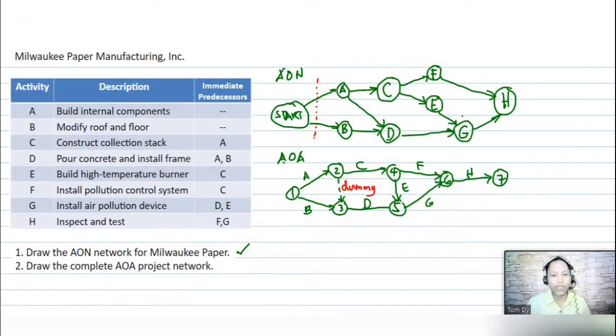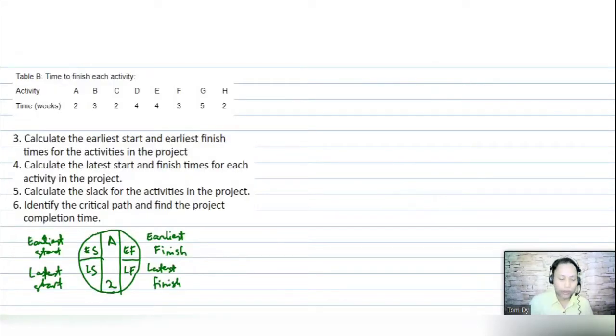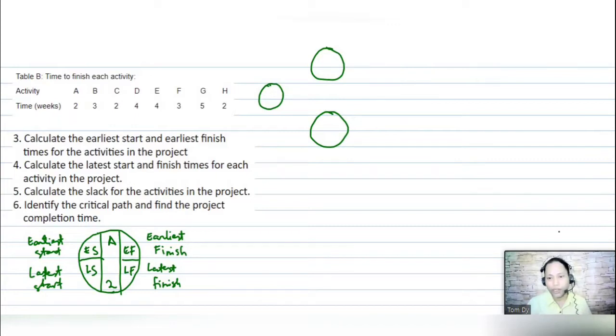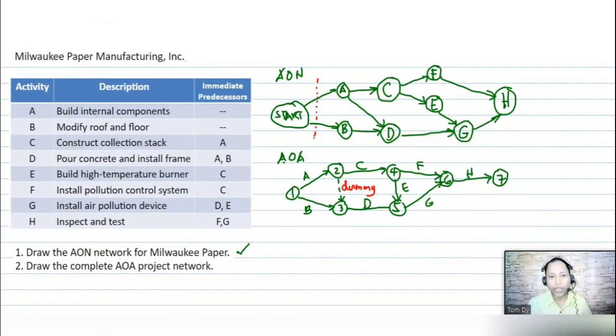So I will draw the AON diagram from this portion. We have here our start, and then we have our A and B.